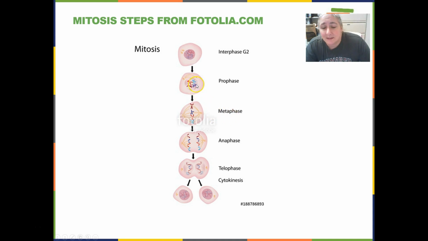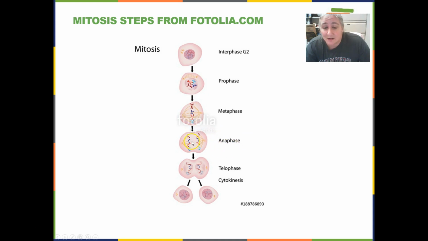Once all the spindle fibers have attached, then they're going to move the chromosomes into a line on an imaginary plate called the metaphase plate. And this is termed metaphase. So now we have all the chromosomes lined up. Each chromosome consists of 2 sister chromatids.